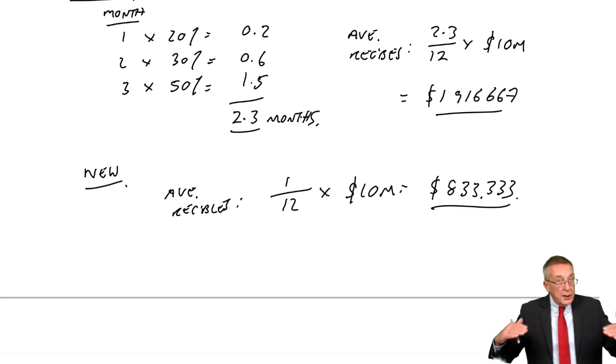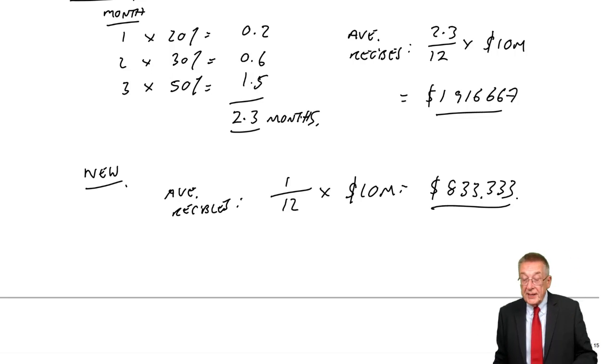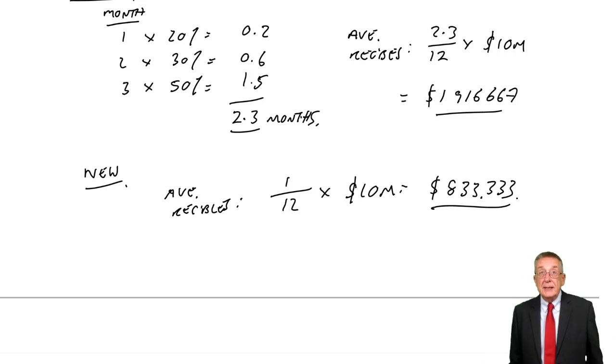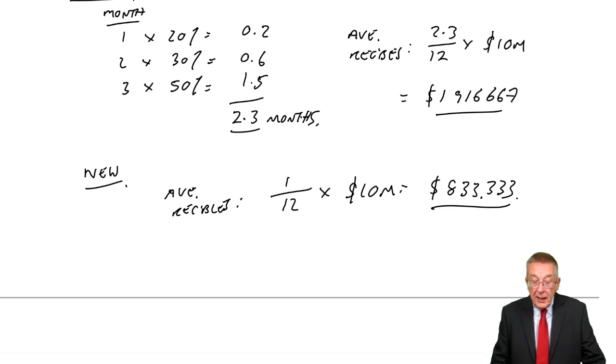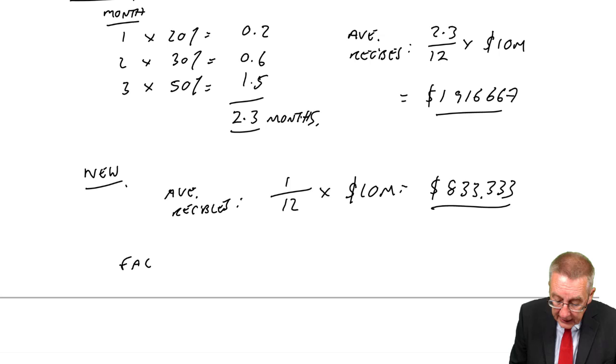And so again, throughout the year, receivables fall from a current average of 1.9 million to a new 0.8 million. The fall throughout the year.